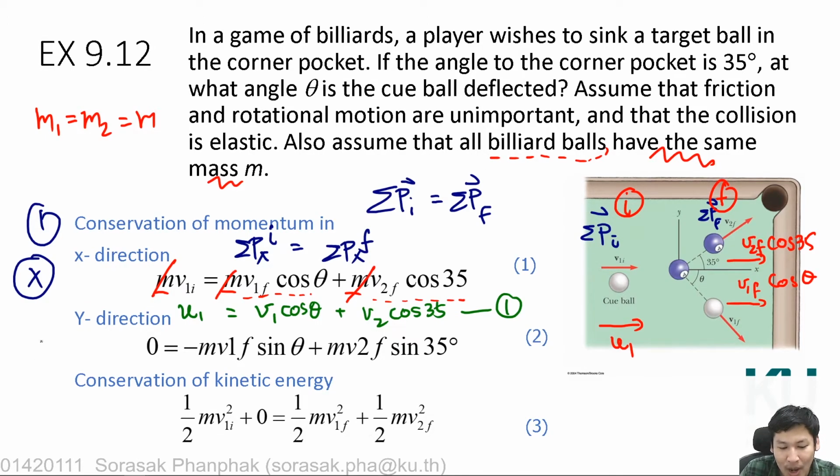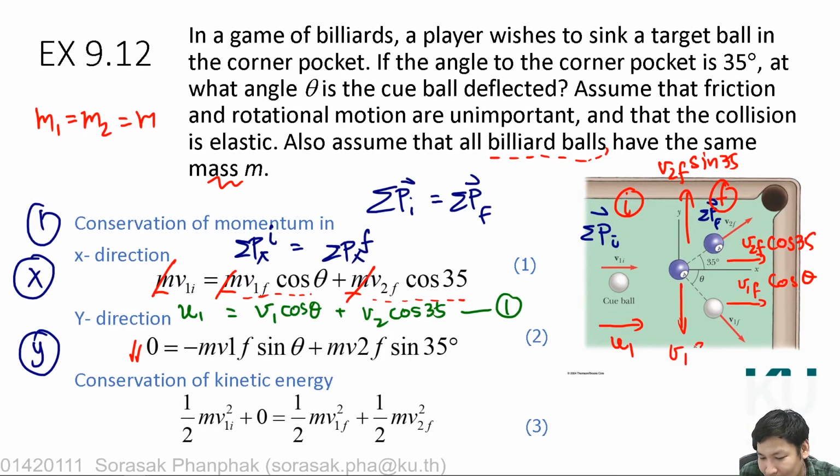How about the y direction? As you can see, initially there is no momentum along the y direction, so the net momentum is 0. After the collision, one ball has an x component already, so the y components are v2f sine 35, and the other one is v1f sine theta.